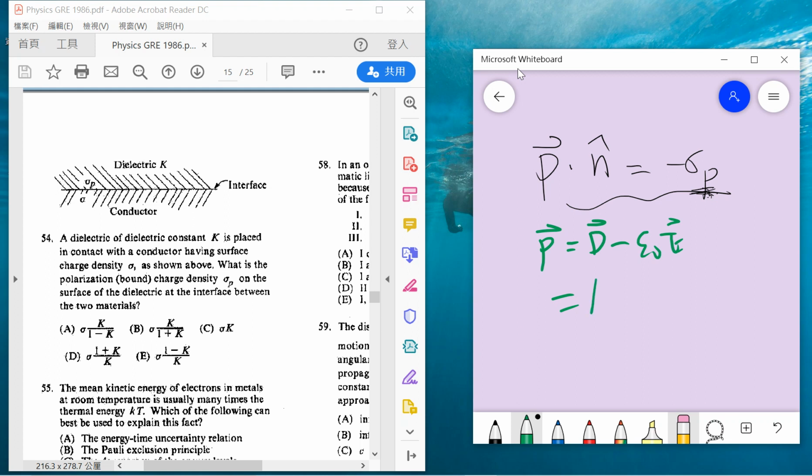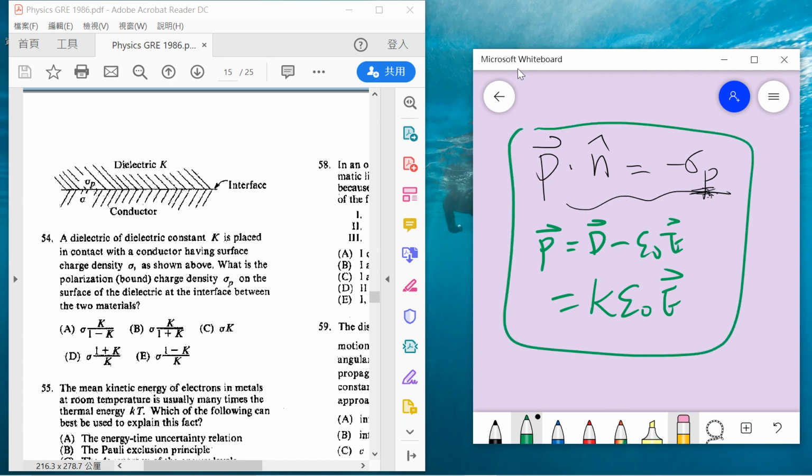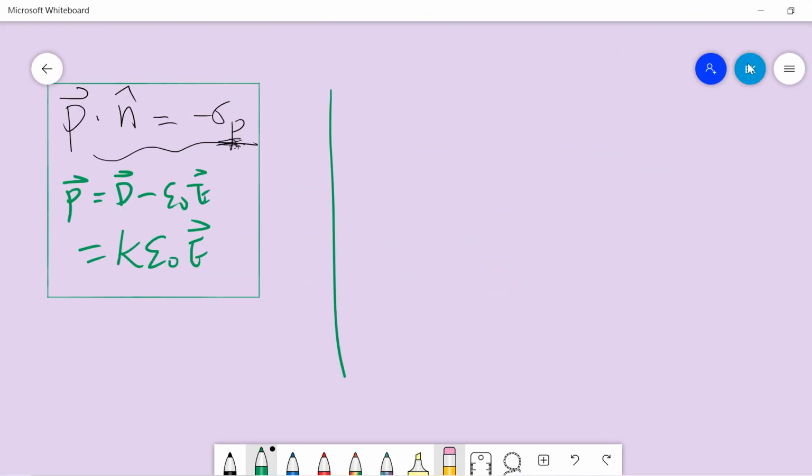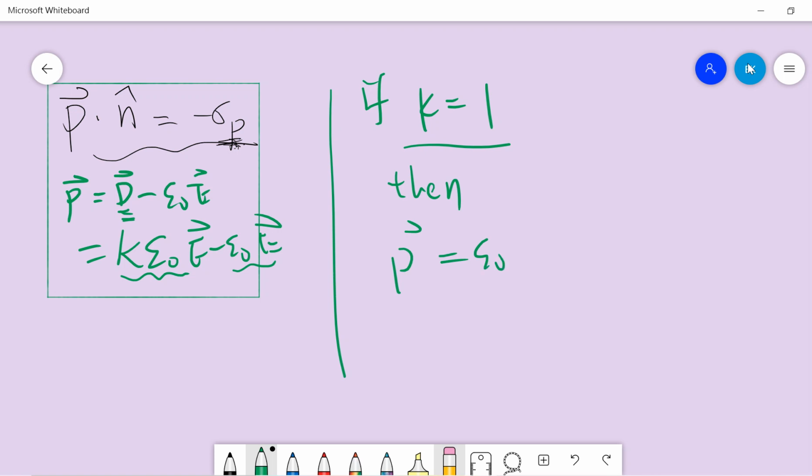This D is also denoted as K epsilon E. So this is the definition of D. If K is 1, then P is equal to epsilon E minus epsilon E, which is 0.